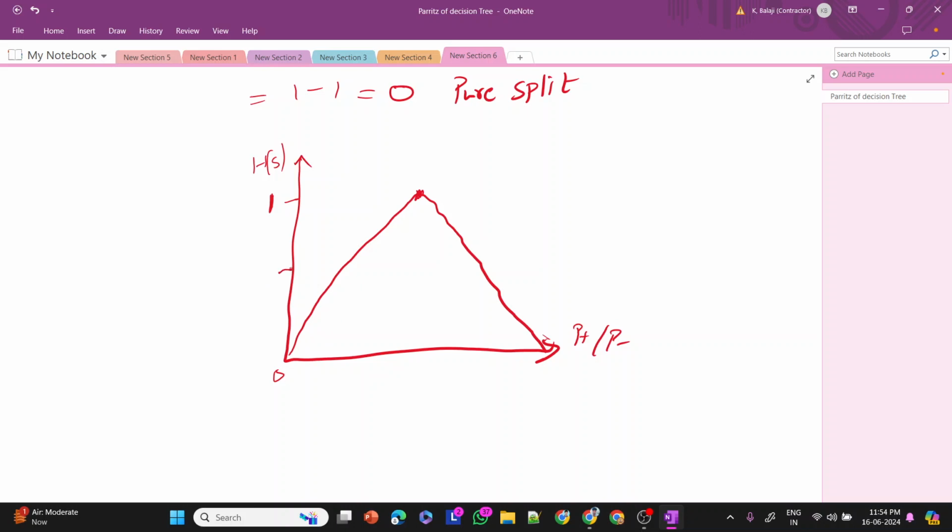For Gini impurity, the max value is 0.5, and that will come here. This is the difference between Gini impurity and entropy.